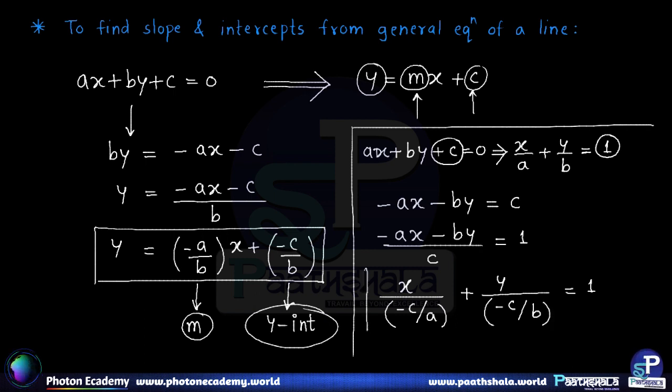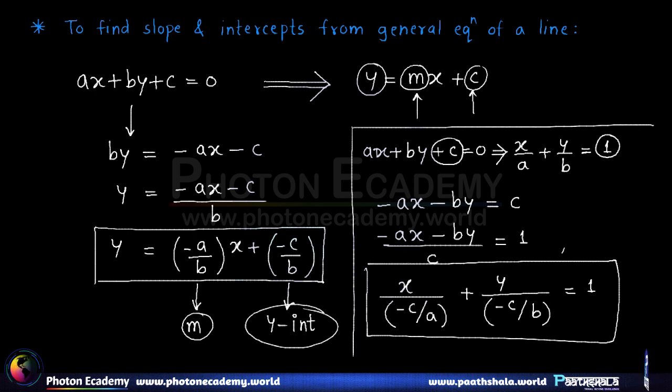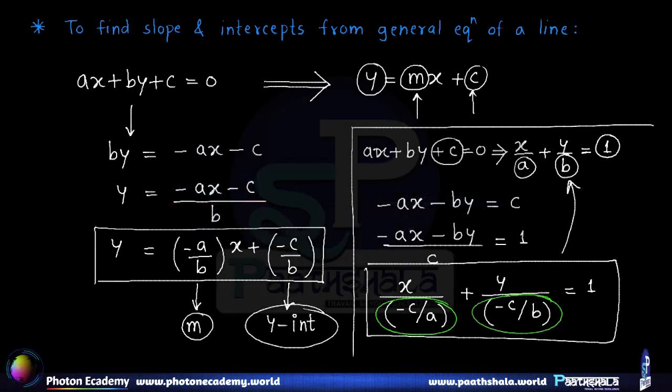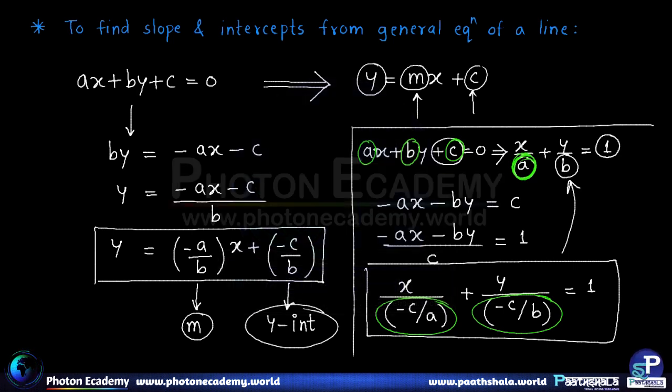If you compare this with the required form, that is x upon something plus y upon something equal to 1, clearly the x intercept is minus c by a, and the y intercept is minus c by b. But remember, here c, a and b represent the terms in the general form, right? So here a does not represent the a in the double intercept form. We have to be very careful while using the general equations or the general symbols.